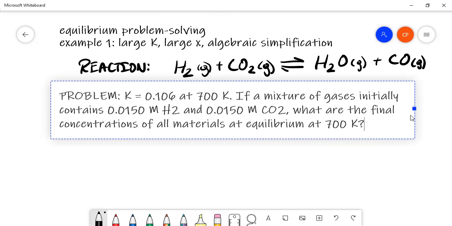What's the final concentration of all this stuff at equilibrium at 700 Kelvin? Okay?